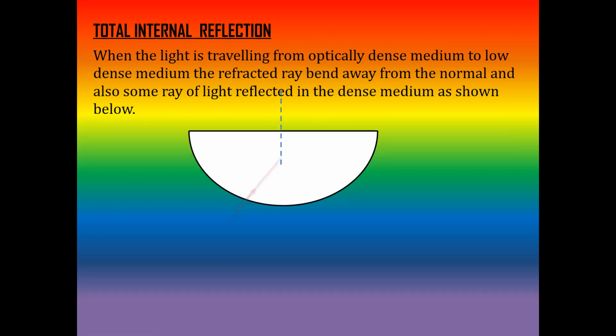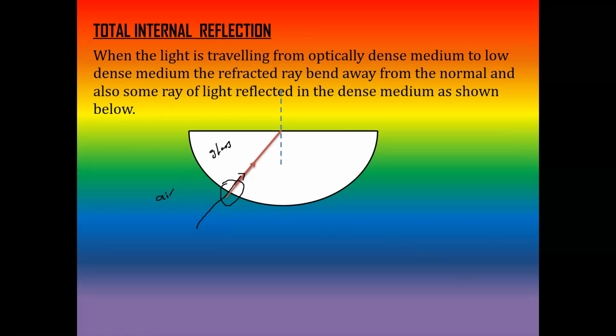So for example, light strikes the surface. Now the first question is why the light does not change direction at this point. It continues to move. This is in air and then it moved to glass. As it moved from air to glass, the speed will decrease. As the speed decreases, it should bend towards the normal.